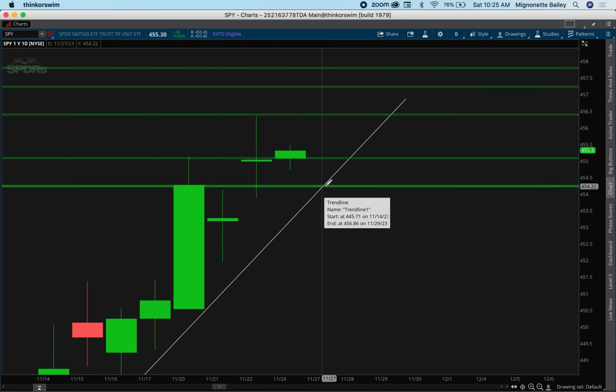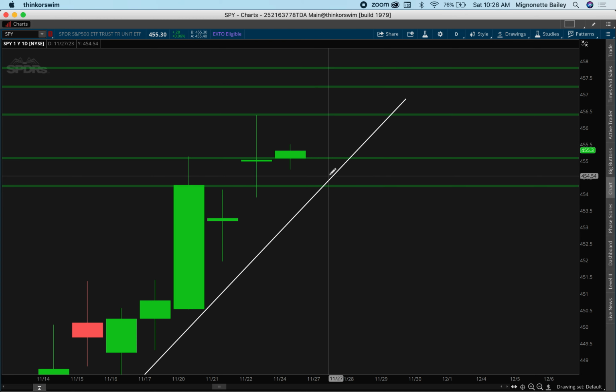Now, what if we don't hold this level? If we open on Monday and we lose this level of support right here, then we could be looking at a reversal, because losing this level of support is also losing this trend line. That means that this uptrend is now broken and we could get a reversal.